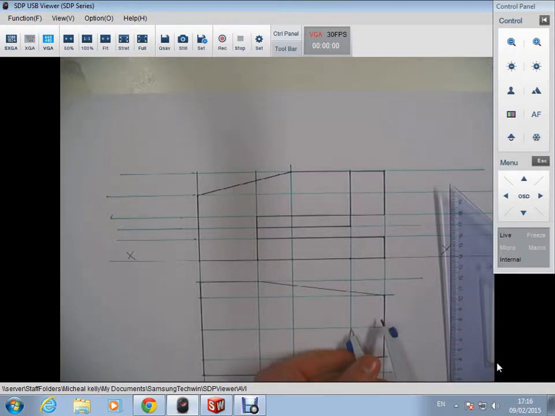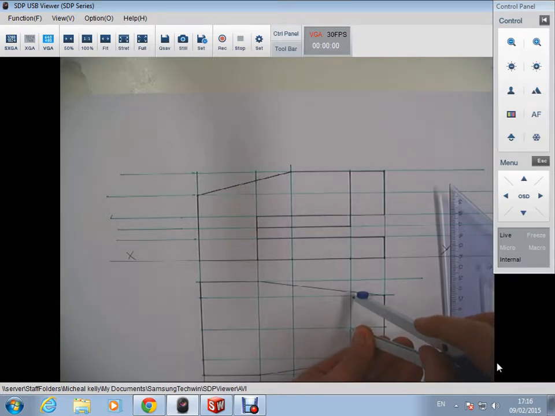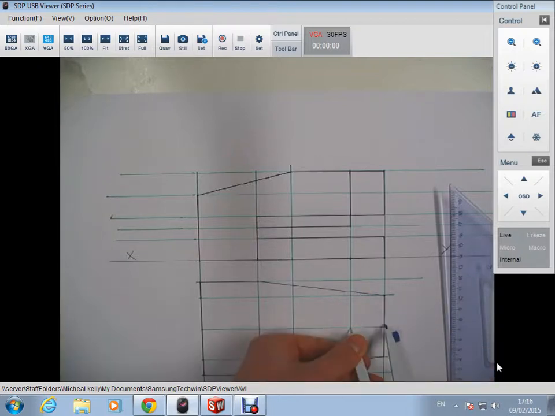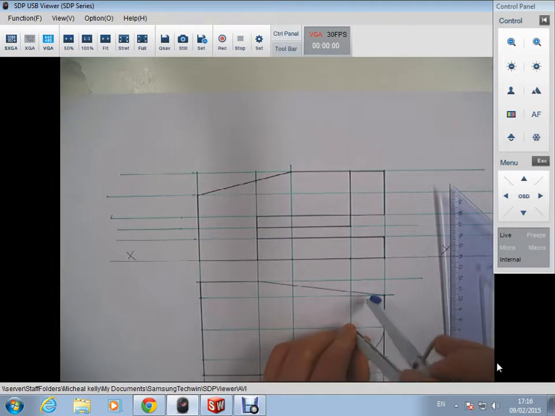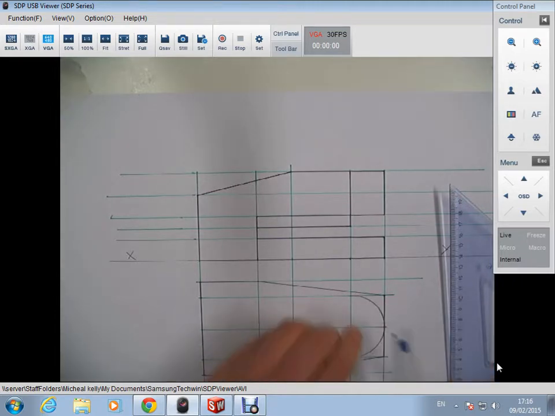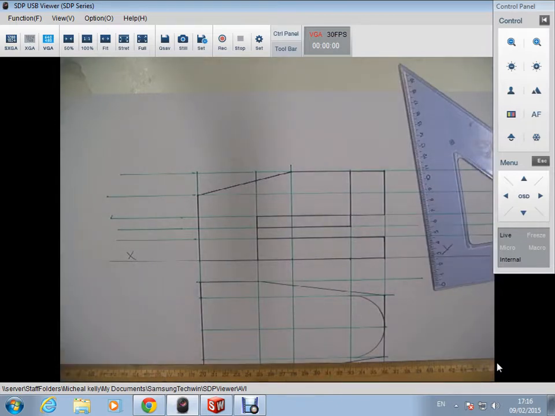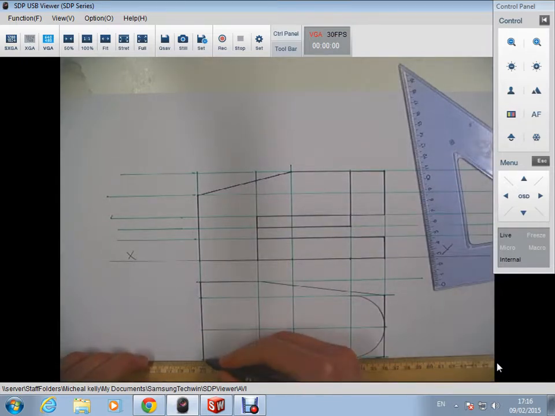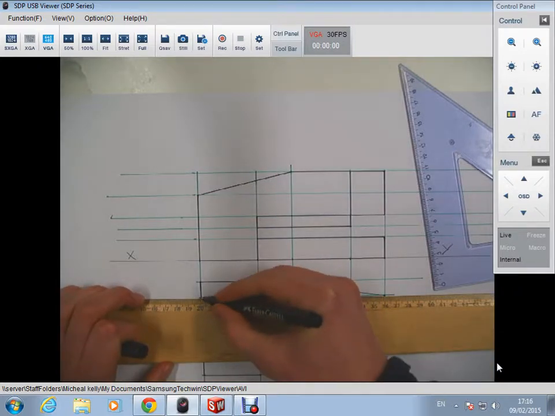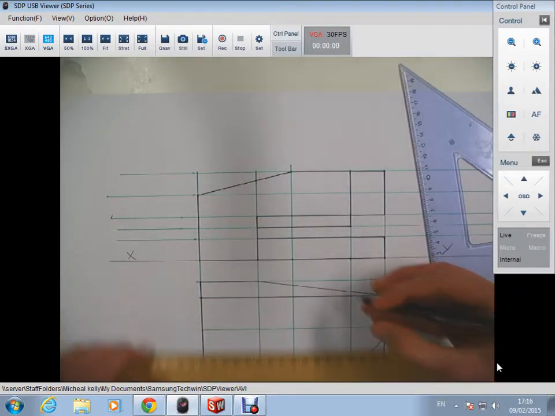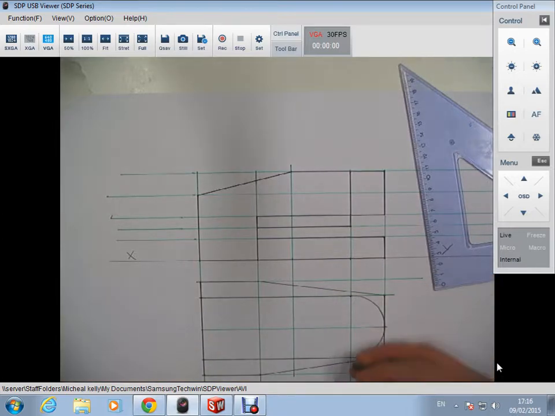So I can set my compass to that radius, which is radius 30, and draw in my curve. Points go straight back to the end. Line should finish there, and this line I drew should have finished there.